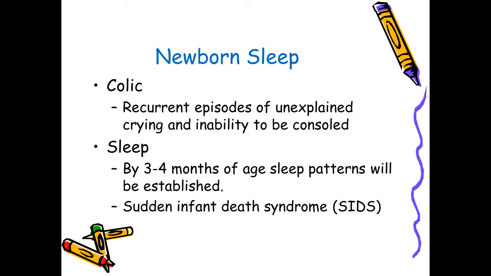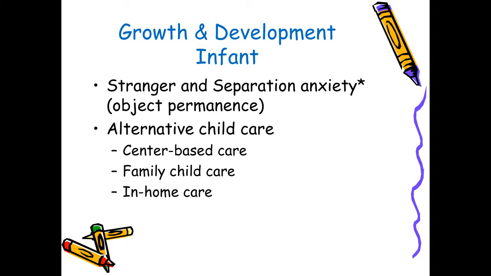Okay? All right, let's look at stranger and separation anxiety. This usually emerges about 8 months to 12 months of age, and it will peak between 15 to 18 months.